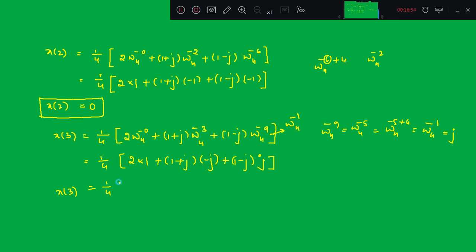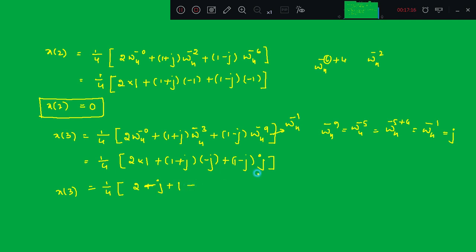I will simplify. 2 plus minus j is there, right? 1 into minus j is minus j, minus j into j is what? J square, minus j square is minus 1, so that is plus 1.